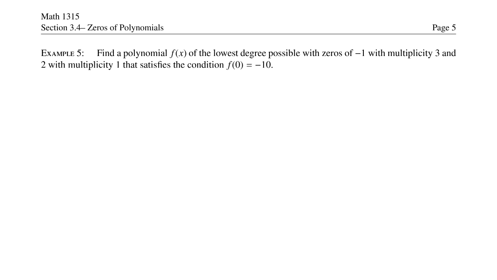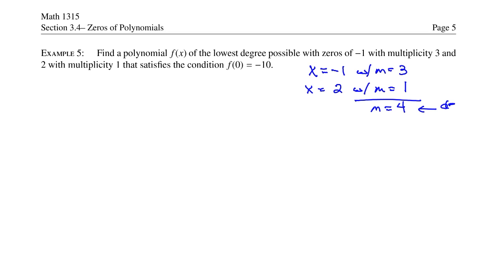So the zeros are going to be x equals negative 1 with multiplicity 3 and x equals 2 with multiplicity 1. Together, the total multiplicity is 4, which means the lowest degree possible is degree 4. So we're looking for a quartic polynomial that has this property.